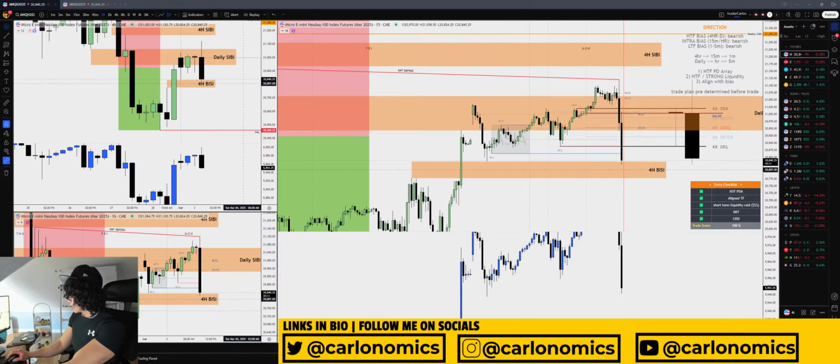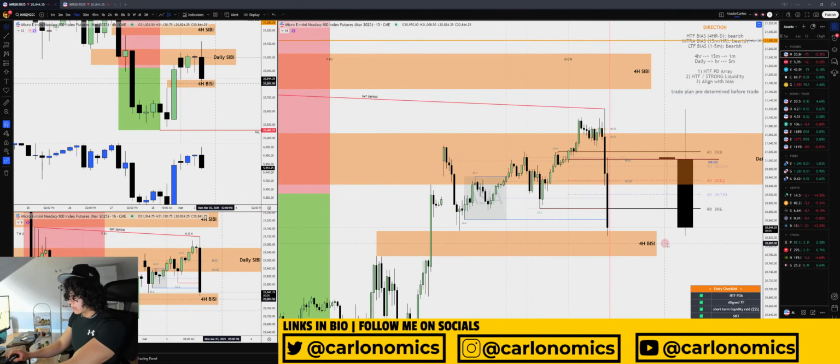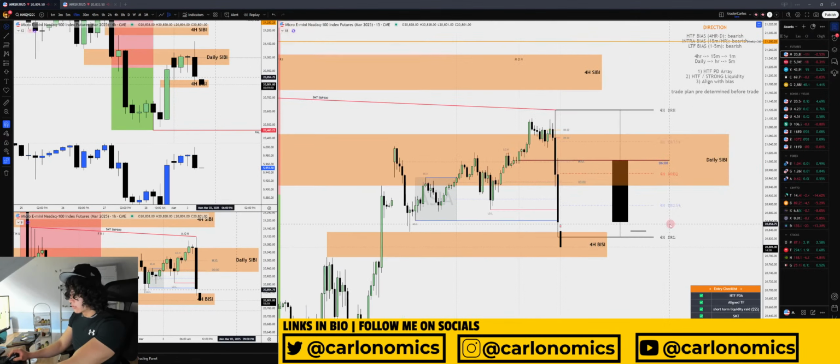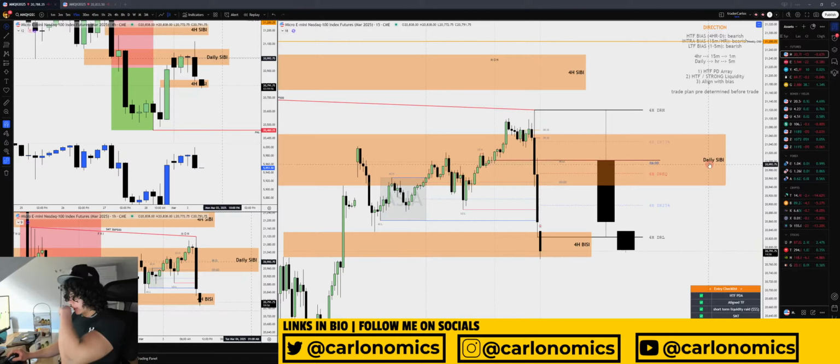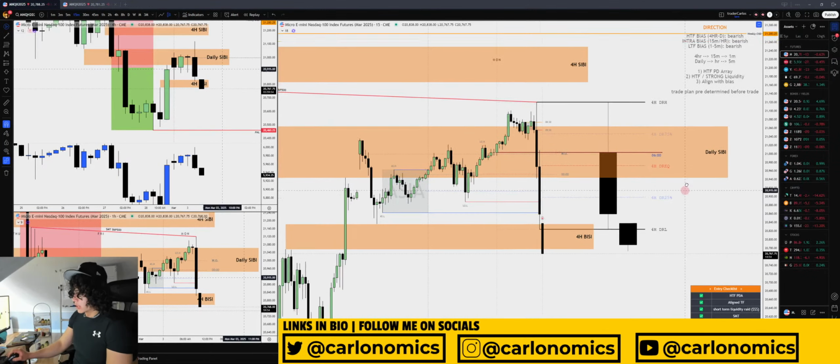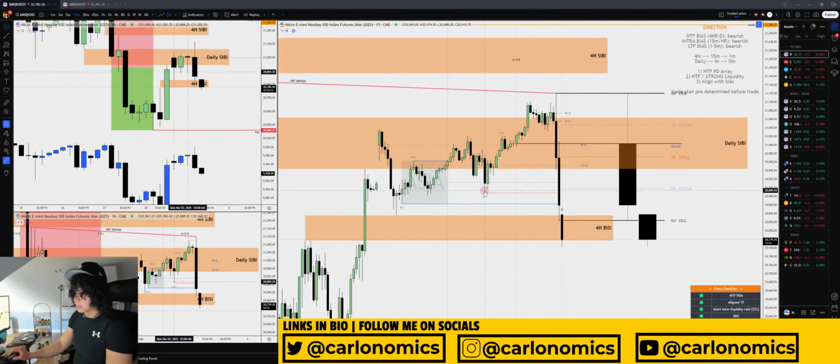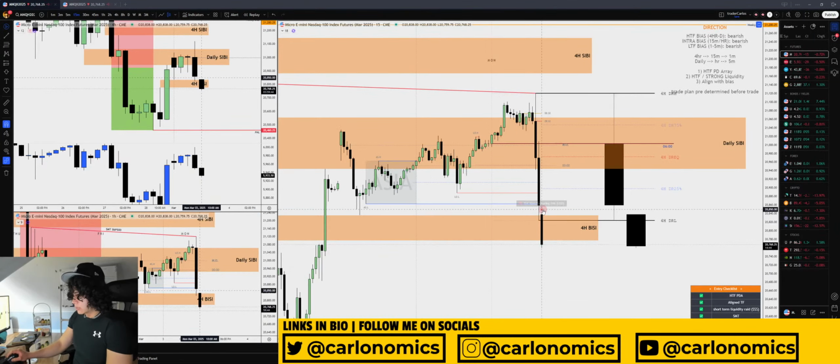But yeah, NQ has repriced into this 4-hour imbalance. We're gonna see if we want to respect this 4-hour imbalance or disrespect it and respect our daily gap, because we have to remember we have our daily gap that we're trading away from as well. So ES already took out our 4-hour gap. Now we have that 10 a.m. news.